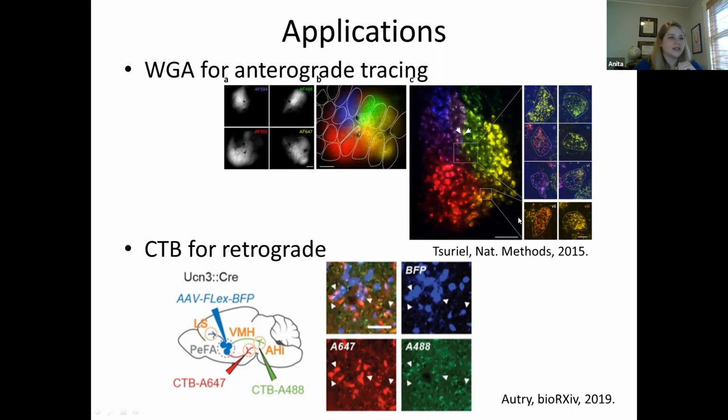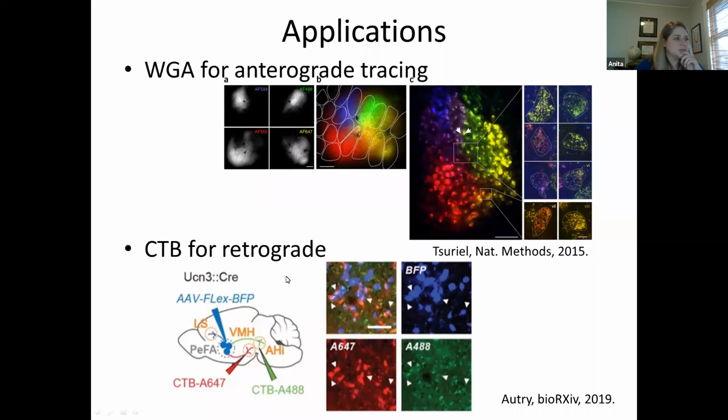So this is kind of an aesthetically pleasing example of WGA anterograde tracing. I tried this in the lab. It was not as easy as they made it seem, but this was a nice example, 2015.